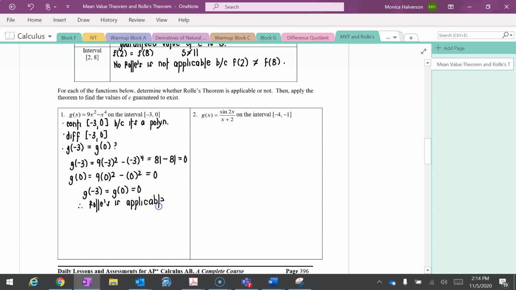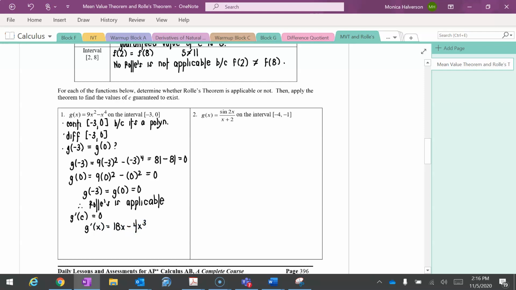So now we have to find the C value in which this theorem is applicable. So to find the C value, we know that the first derivative at C equals 0. So let's find the first derivative. The first derivative of g of x is 18x minus 4x to the 3rd.